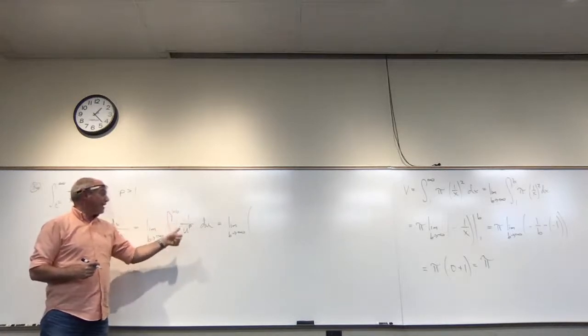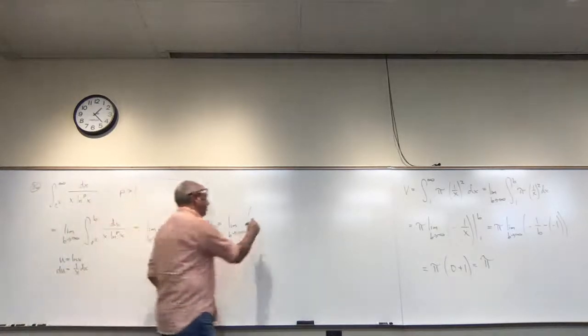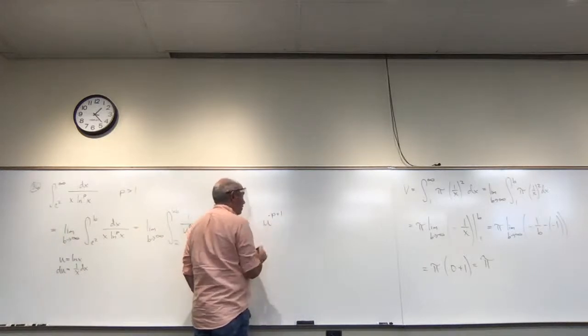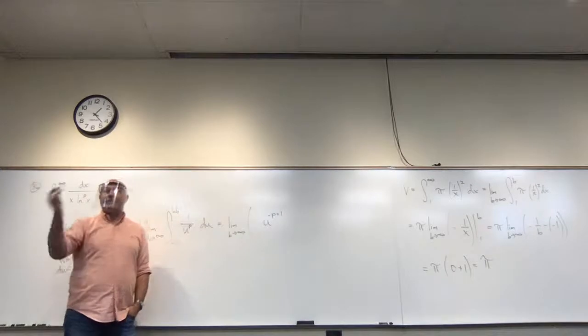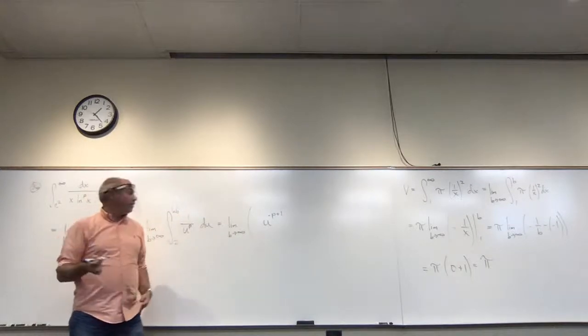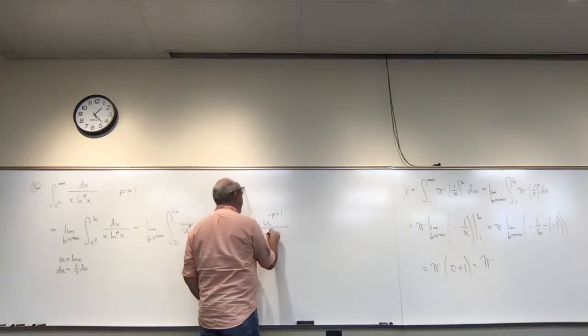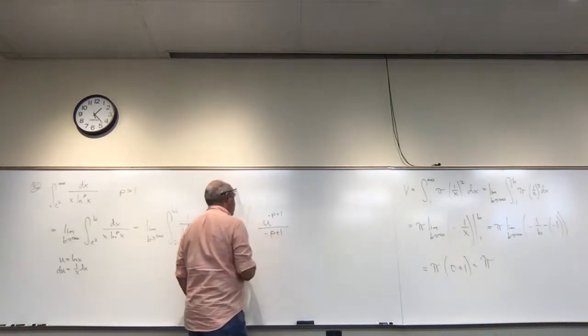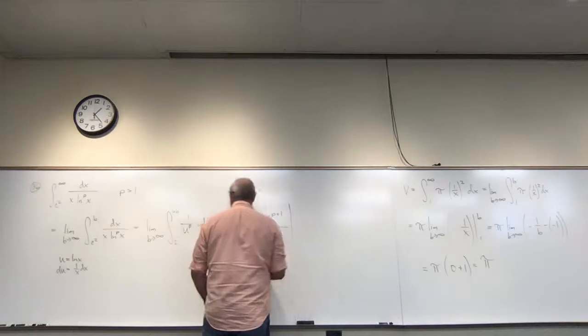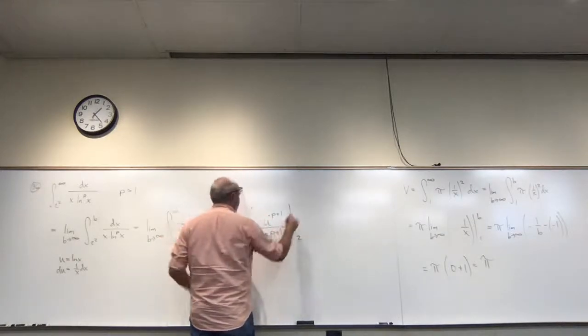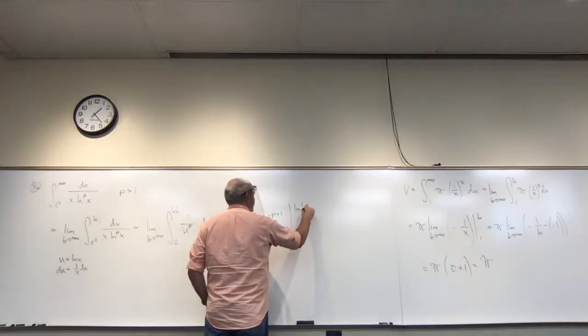So it's u to the negative p plus 1, correct? And then I divide by the new power, which is negative p plus 1. So I divide by negative p plus 1, and I'm going to evaluate that from 2 to ln of b.